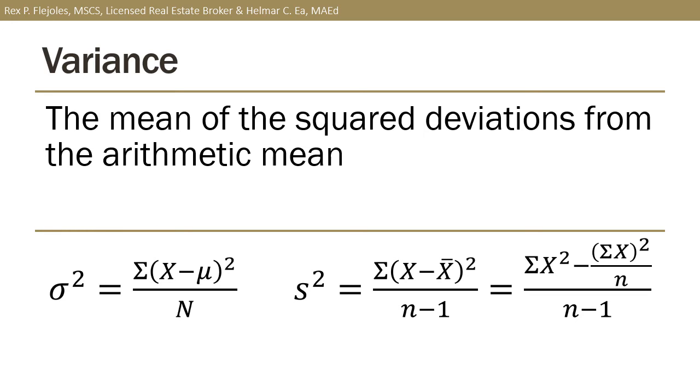Please be reminded that the uppercase sigma represents the summation. While for the sample, it is denoted by the square of lowercase s, which is equal to the sum of the squared deviations from the arithmetic mean divided by n less 1, where n is the sample size. The difference in the formula is the divisor.